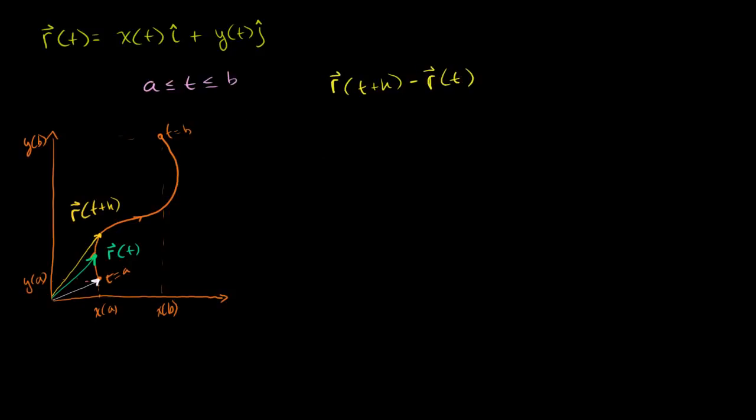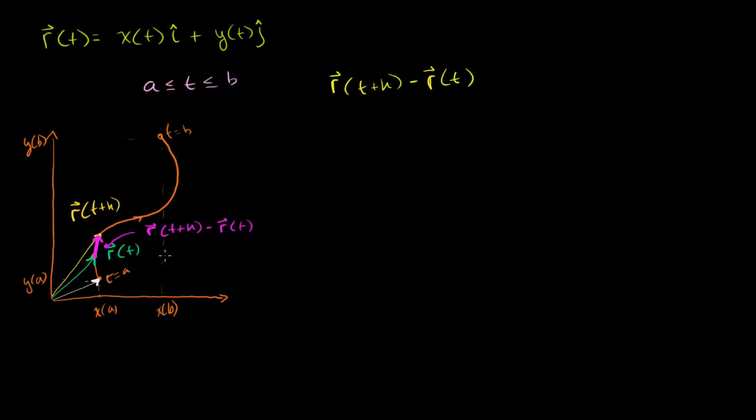Well, you might want to review some of your vector algebra, but we're essentially just going to get this vector. Let me do it in a nice vibrant color. We're going to get this vector right there that I'm doing in magenta. So that magenta vector right there is the vector r of t plus h minus r of t.